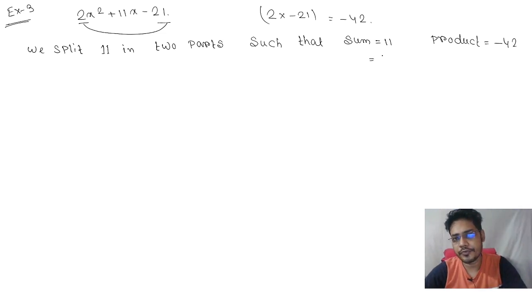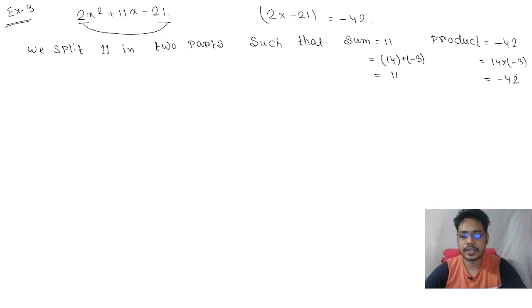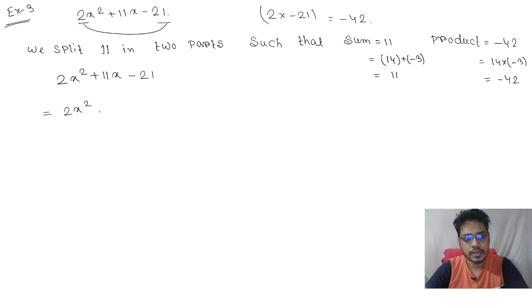Now the sum is 11 and the product is minus 42. So we can take 14 and minus 3. 14 and minus 3 makes 11, and 14 multiplied by minus 3 gives you minus 42. So split this into two parts, 14 and minus 3. Now 2x square plus 11x minus 21, we can write as 2x square plus 14x minus 3x minus 21.